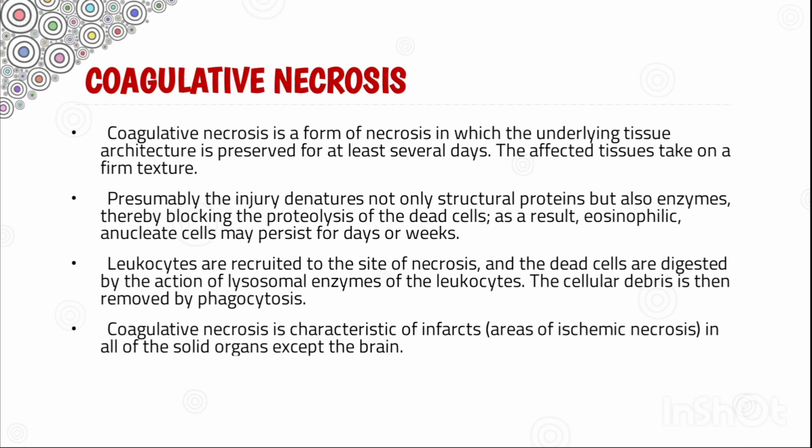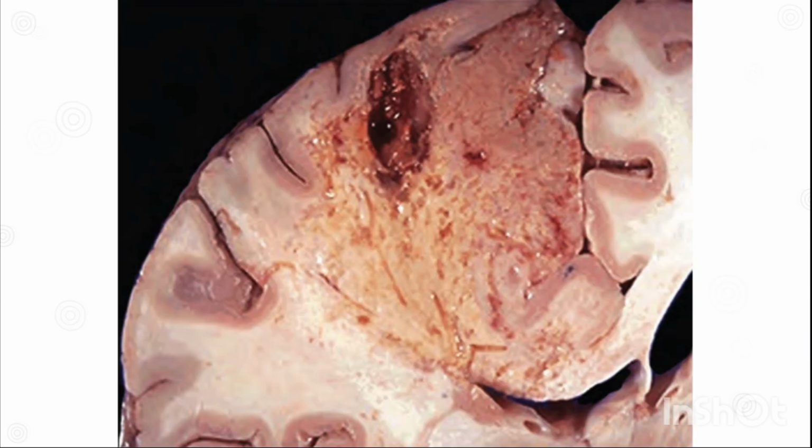So, the eosinophilic enucleate cells will persist for days or weeks. Leukocytes are recruited to the site of necrosis, and dead cells are digested by the action of lysosomal enzymes. This is characteristic of infarcts in all of the solid organs.